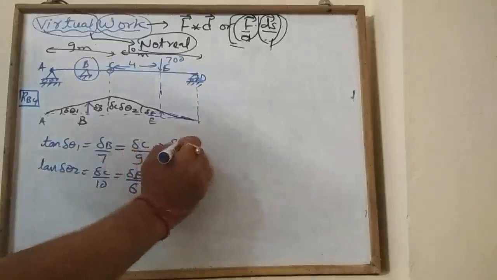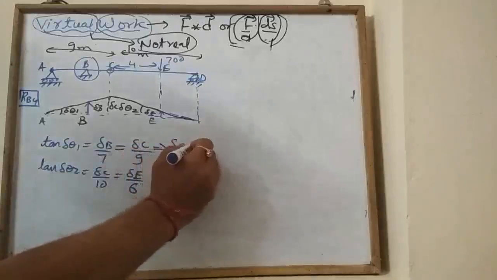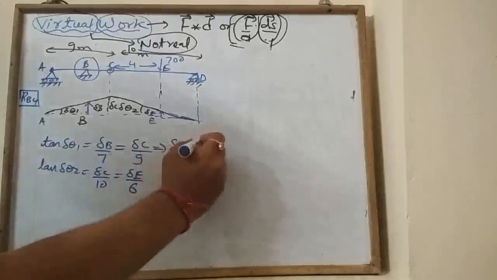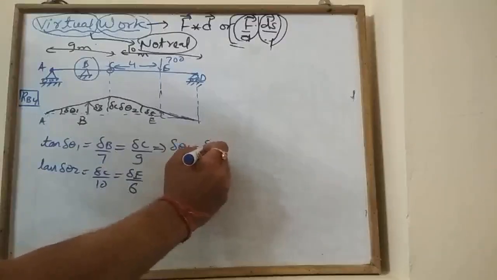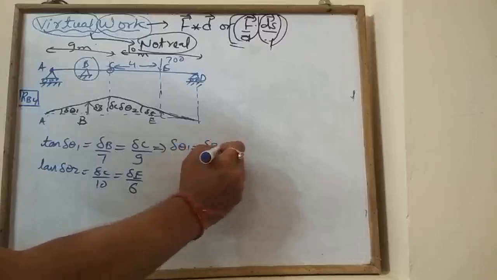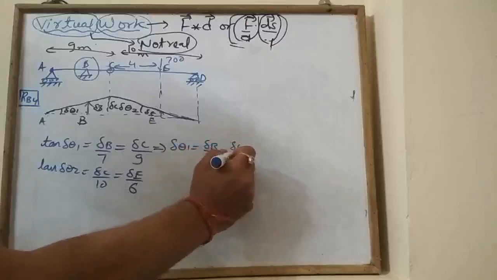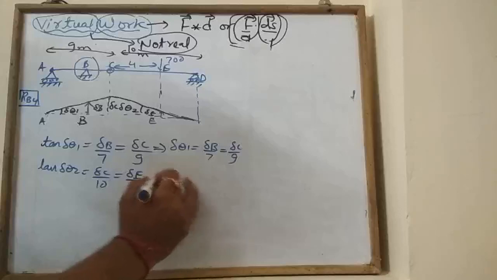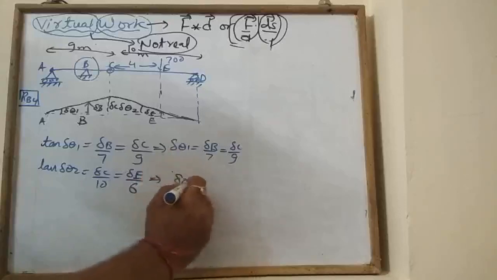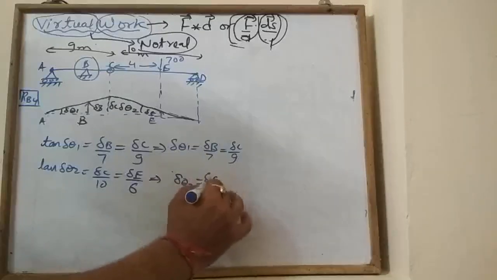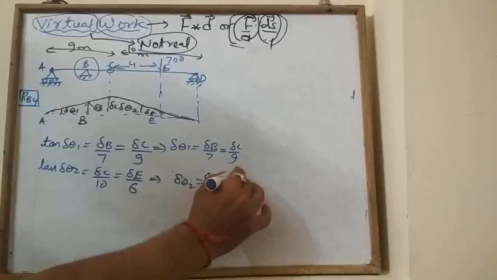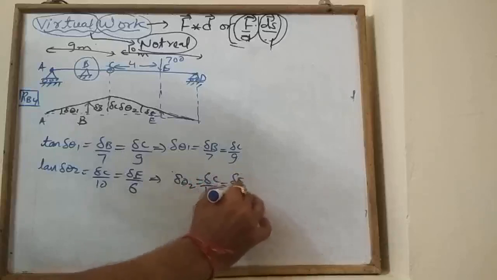Or delta theta 1 equals delta B by 7 equals delta C by 9, and delta theta 2 equals delta C by 10 equals delta E by 6.